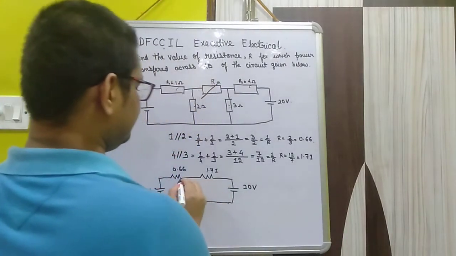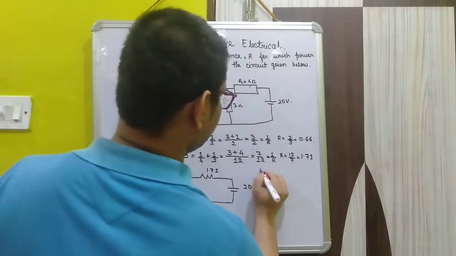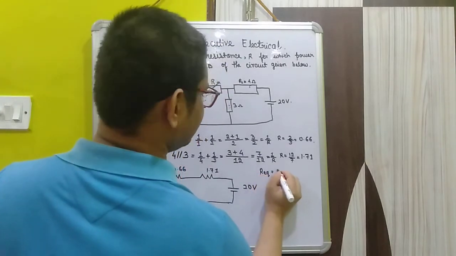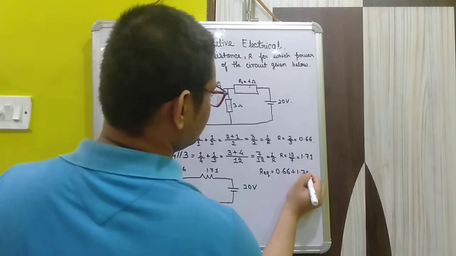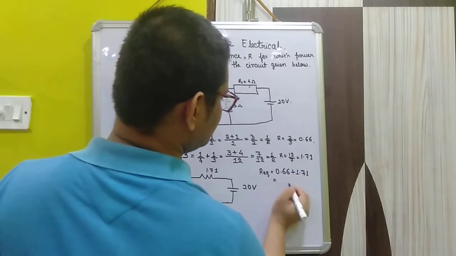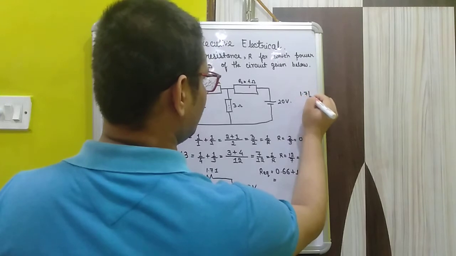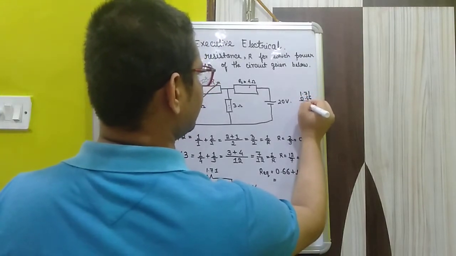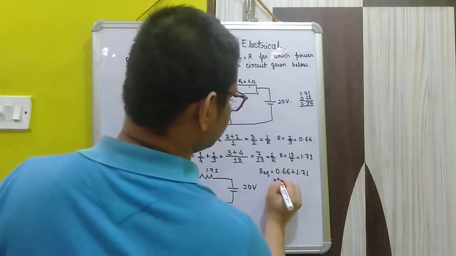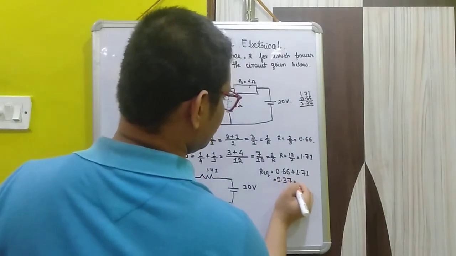We take these two resistances in series, so we just add them, 0.66 plus 1.71. The equivalent resistance is 2.37 ohm.